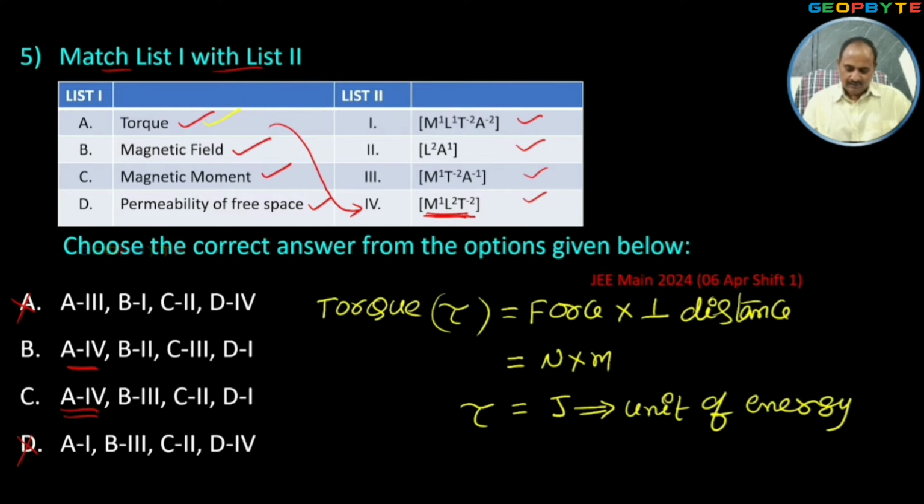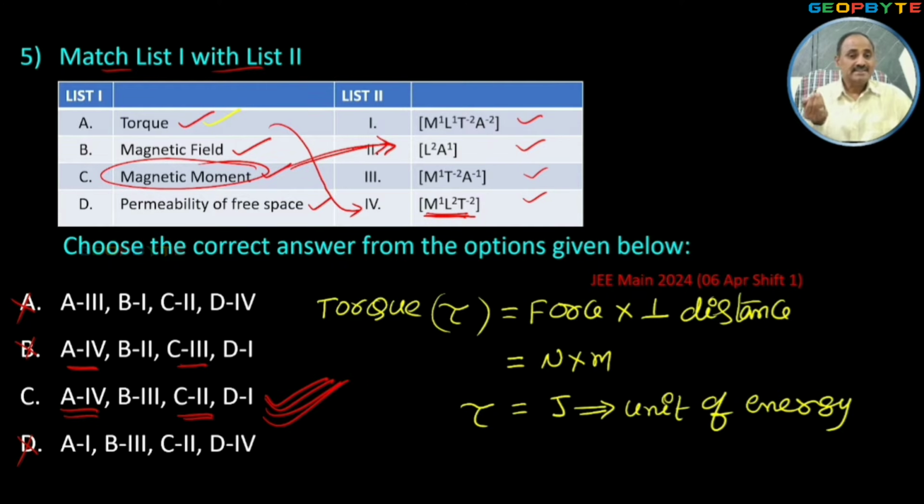Right? Then 50% of the answer is known. Then look at the magnetic moment. Magnetic moment dimensional formula is A L square. Therefore, C2 correct. C2, C3 given, so B is not correct. C2 correct, so option C is absolutely correct.